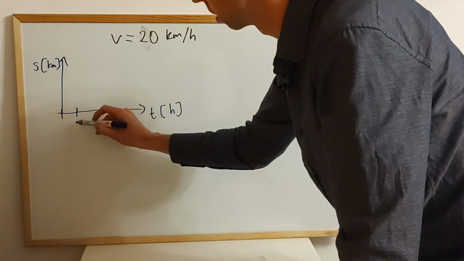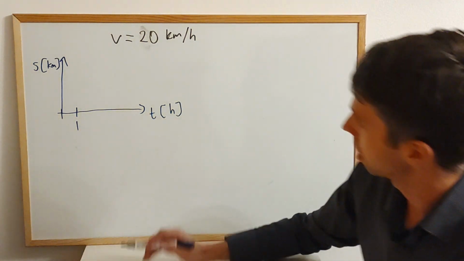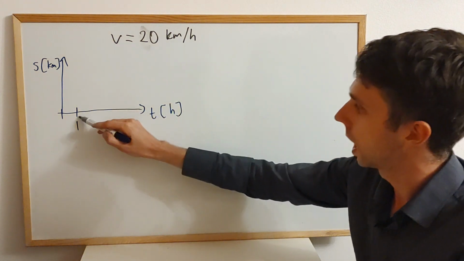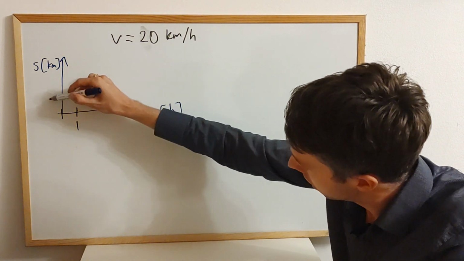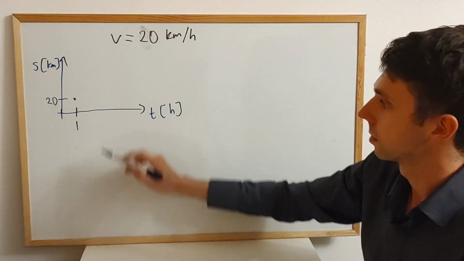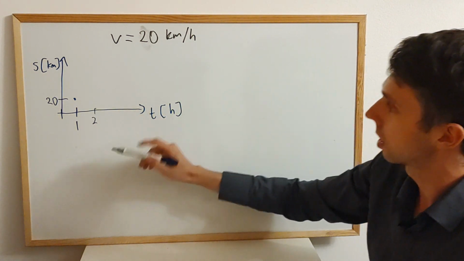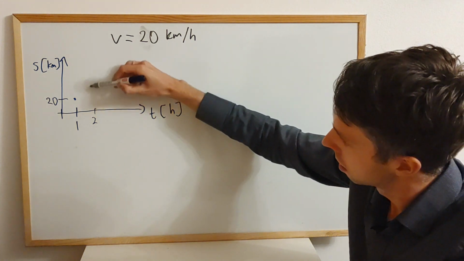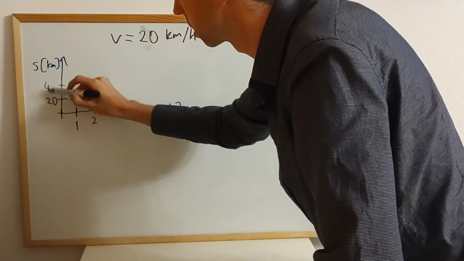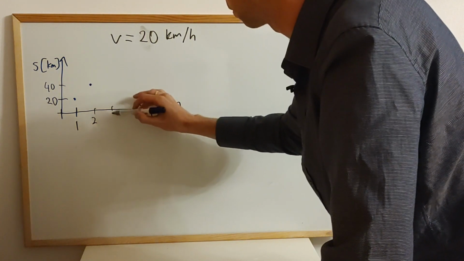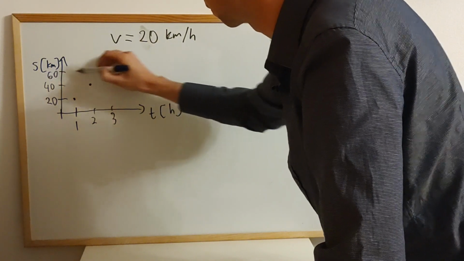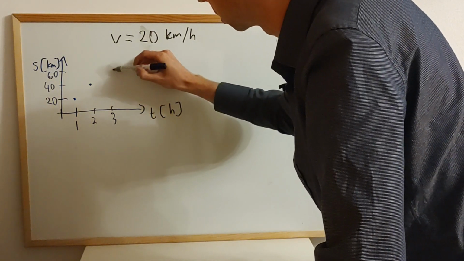Here is 0, 1 hour. So if I drive with speed 20 kilometers per hour, after 1 hour, my distance is 20. After 2 hours, 40 kilometers. So here is 40. After 3 hours, it will be 60. And so on.